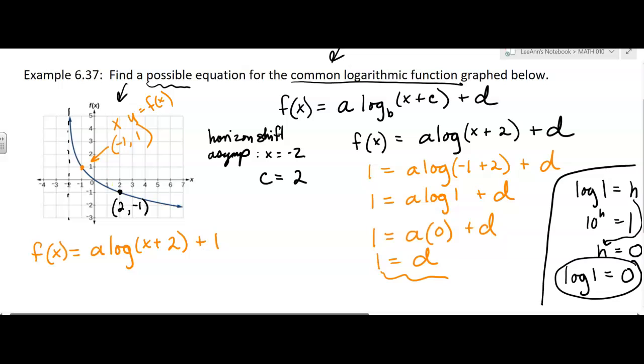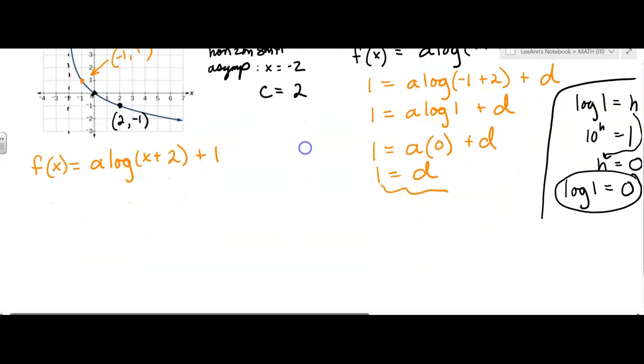Now you might say, well, why don't you use 0, 0? I did that on my own, and it works out to be the same value, which I want to talk about at the end. But for our writing purposes, we'll just use this point 2, -1. And again, this is x and f of x. So we're going to plug that into our new and improved equation here. f of x is -1.